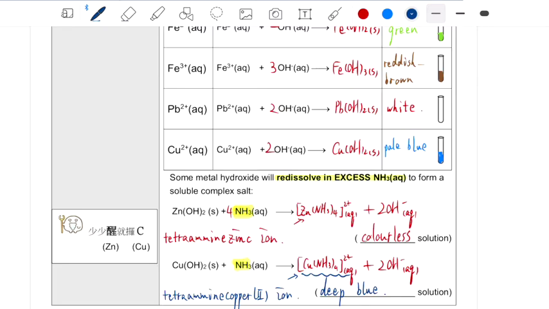Okay, so for this one, we also have a way to help you remember. Zinc and copper, C for copper. So please do use zinc to help you remember these two special cases. And also, don't mix it up with the third reaction, sodium hydroxide with metal ions in aqueous solution.